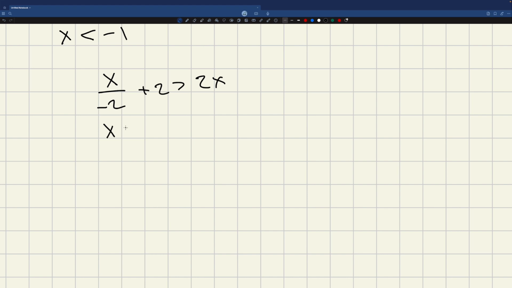So x plus 2 times -2 is just -4, which is larger than -2 times 2x, which is -4x. Then we just add 4x to both sides. We get 5x is larger than, and we carry the -4 to the right, larger than 4. Therefore, x must be larger than 4/5.